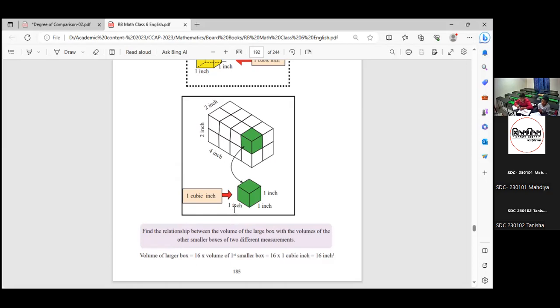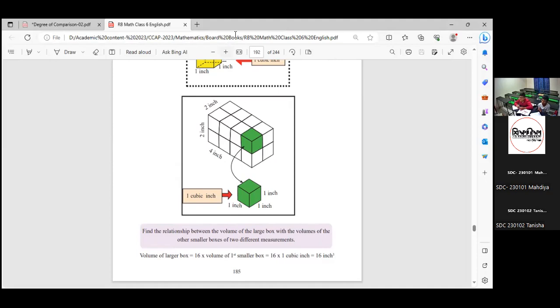You are told to find out the total surface area. What is the formula? 2 into AB plus BC plus CA.